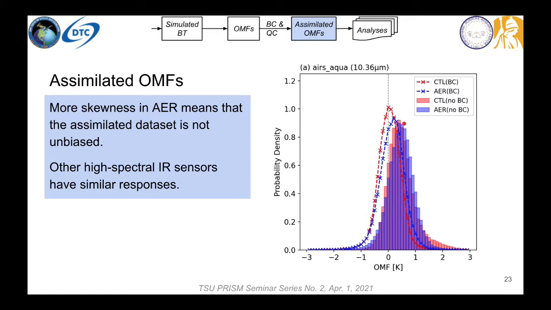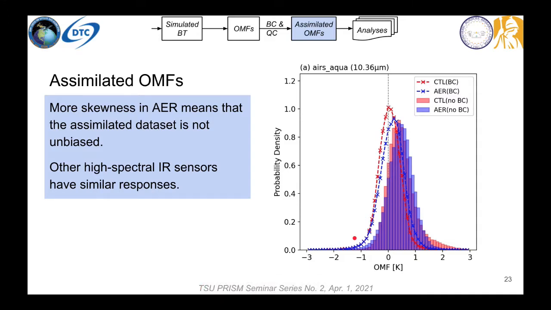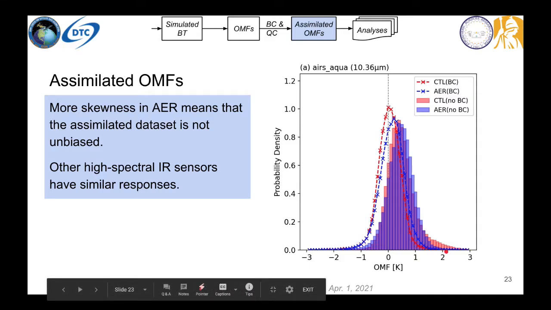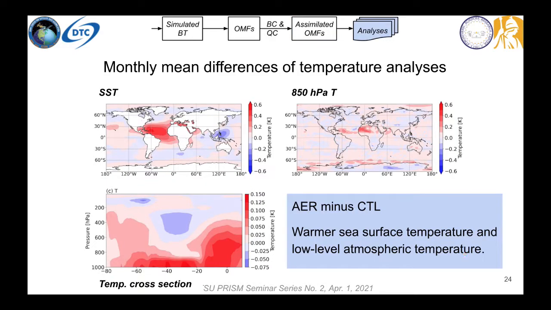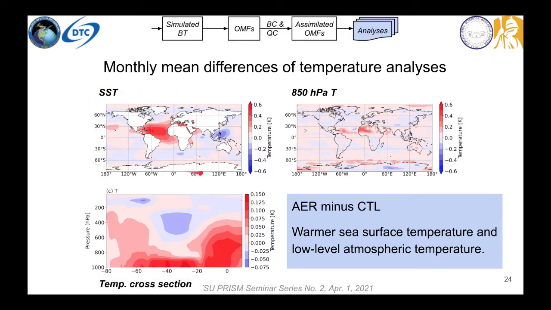So the first row is the observation number whose QC result is identical to the control run, and the second row shows those observations that have a different QC result from the control run. As an example, use the first column, which shows the assimilated observation number.